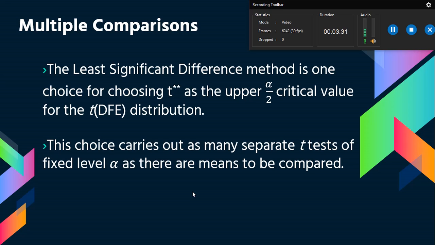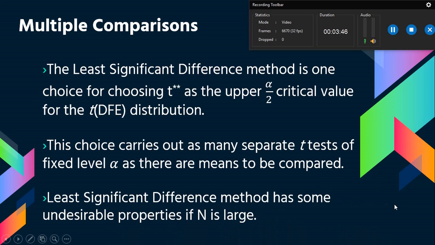What we'll do is run out all of our various t-tests, and we'll select all those comparisons that fall below our level of significance. Typically, alpha is set at 0.05. If the value of your sample size is too large, this method is going to be very tedious, and they're saying that it has undesirable properties. That's because you'll be running t-tests until the cows come home.